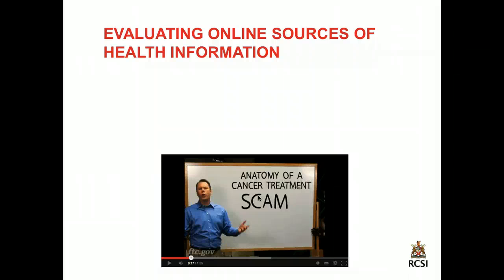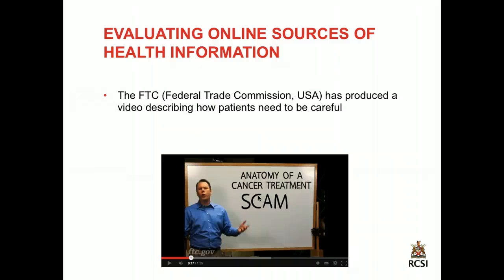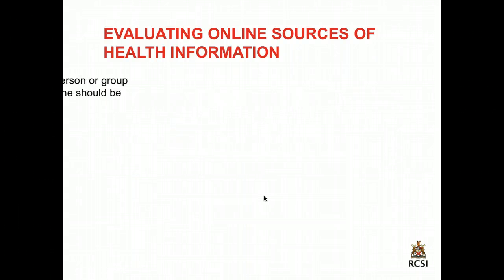But that's the nature of money. People will try and take it off each other. So the Federal Trade Commission, who are worried about fake treatments, fake drugs, have issued this treatment of how patients need to be careful, and that's embedded in that link. Please take a look at it.